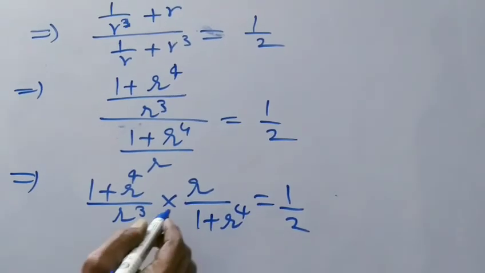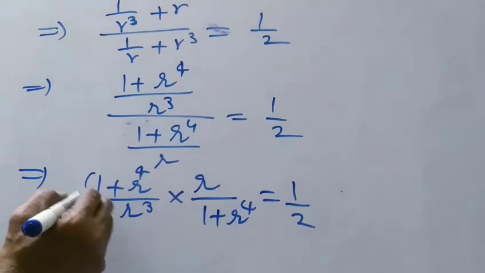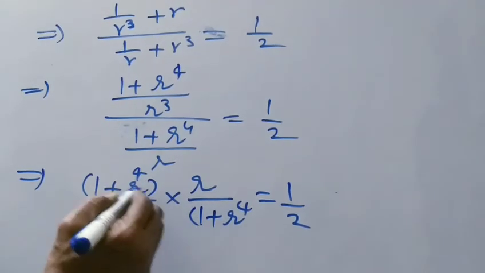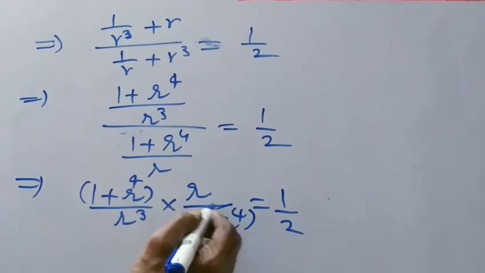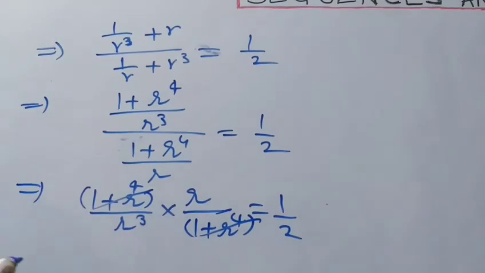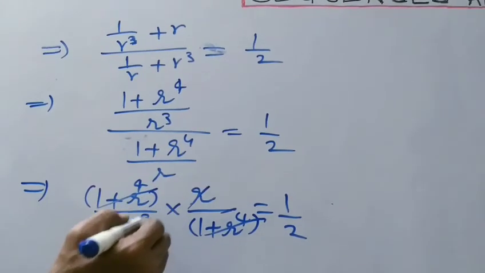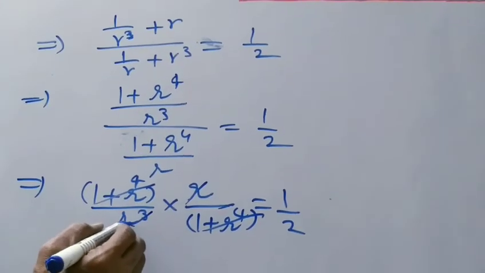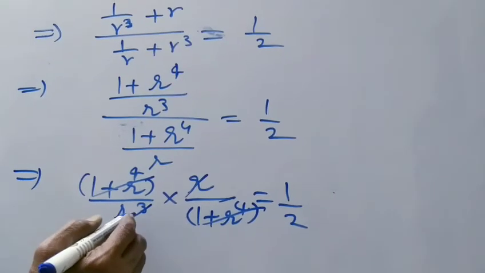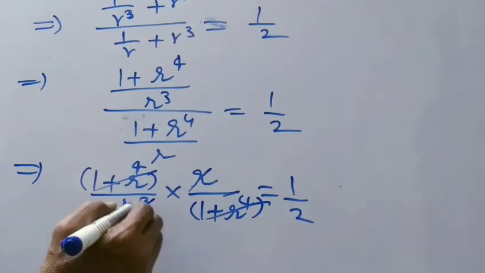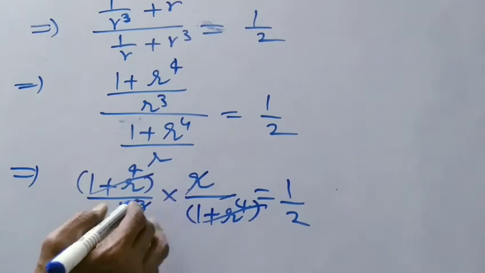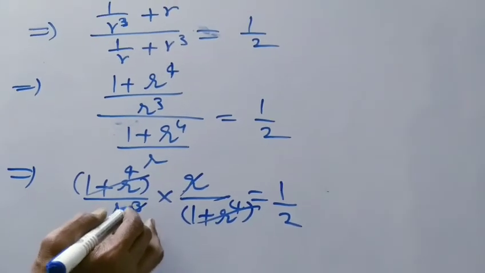That means here, 1 + r⁴ and 1 + r⁴ both are cancelled directly. So here r³, and in the denominator r, after cancelling by r, r² is left over.